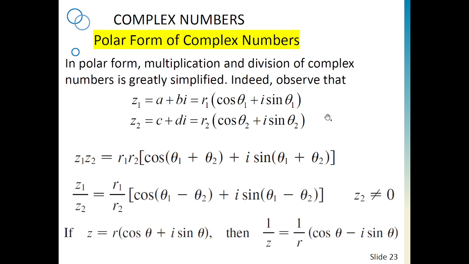So now what happens if I want to multiply two complex numbers? Obviously we can proceed as we normally do, this binomial times this one, step by step. But we can also use the polar form to perform the product. We will realize that it is r, the modulus of the first times the modulus of the second, then cosine of the sum of the angles plus i sine of the sum of the angles.